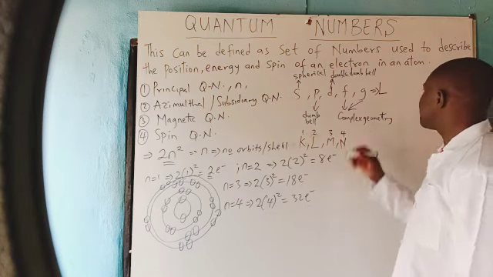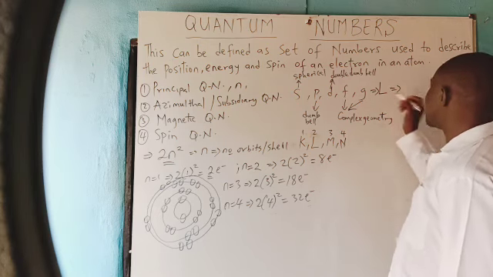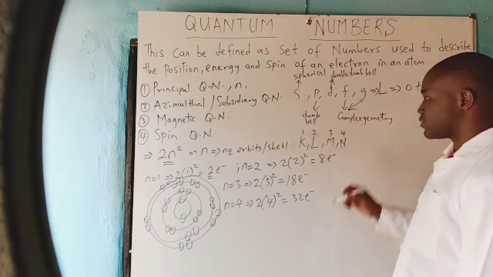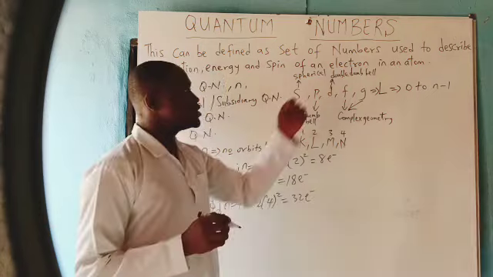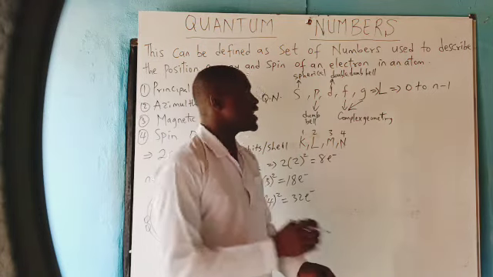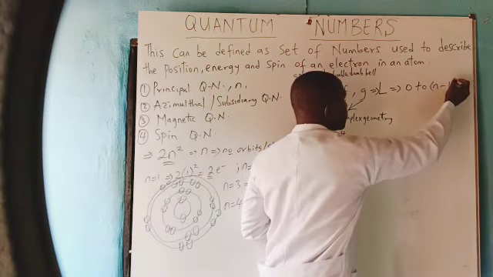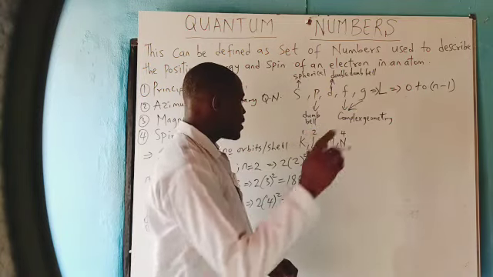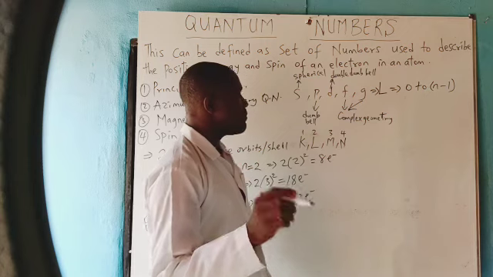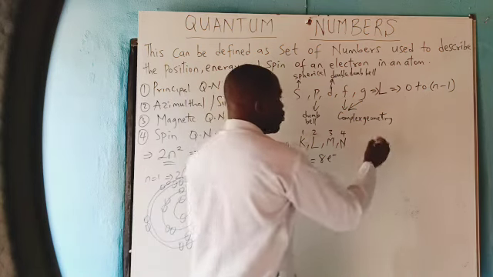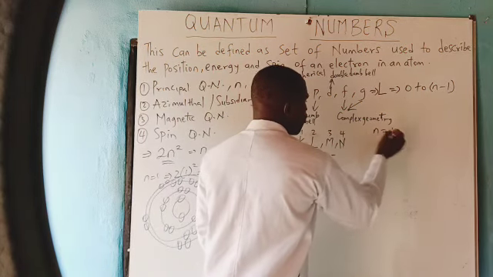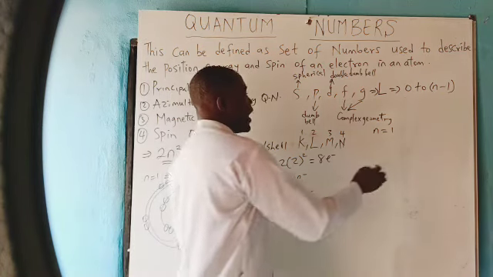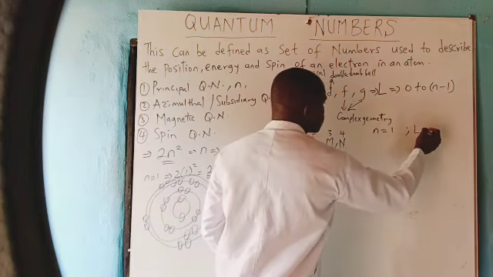Let's see. This l ranges from 0 to n minus 1. That is what the azimuthal or subsidiary quantum number tells us. What do we mean by it ranges from 0 to n minus 1? When n is equal to 1, that is in the first shell, our l will be equal to what?